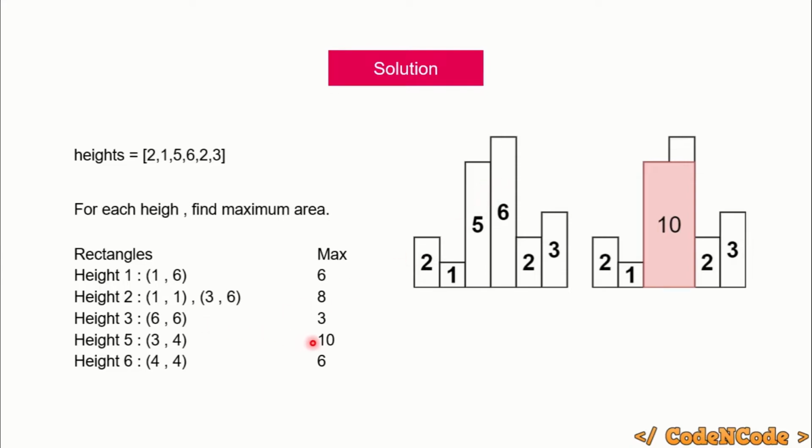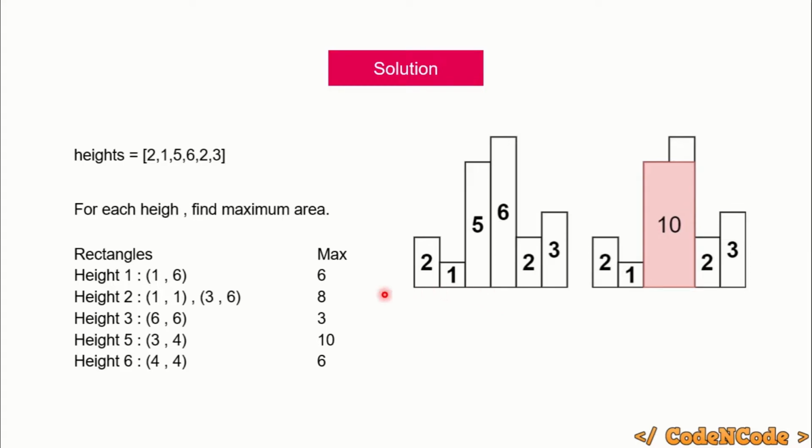So 2 times 5 is 10. Similarly for height 6 there is only 1. None of the bars on the left can help him, none of the bars on the right can help him, right? So only 6, because height 6 with only 1 width, 6 times 1 is 6 only. So if you take the maximum of all of these you get 10, that is the maximum. That's why 10 is the maximum area that you can form.